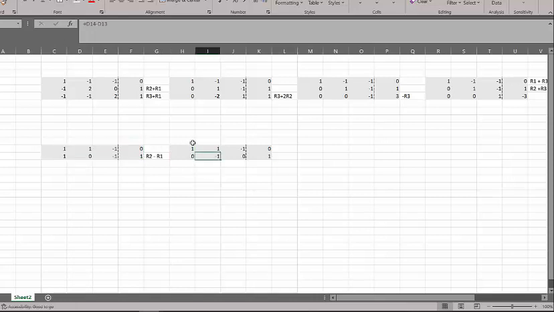This time we want to replace this guy. We want him to be positive. So we're replacing row 2 with negative row 2, so equals negative this guy there.